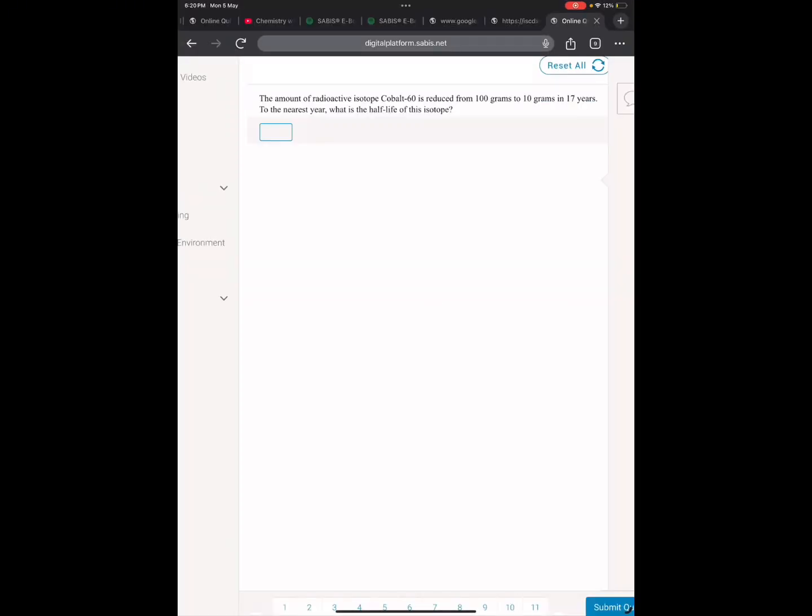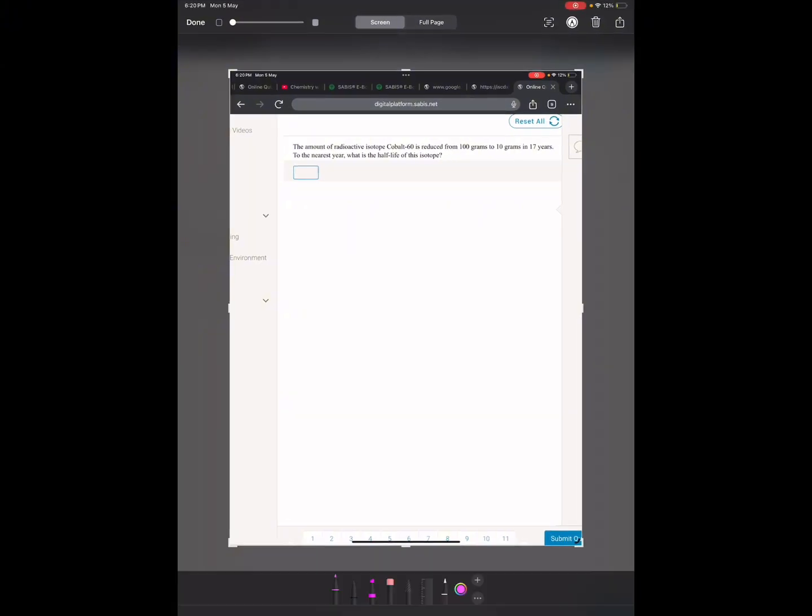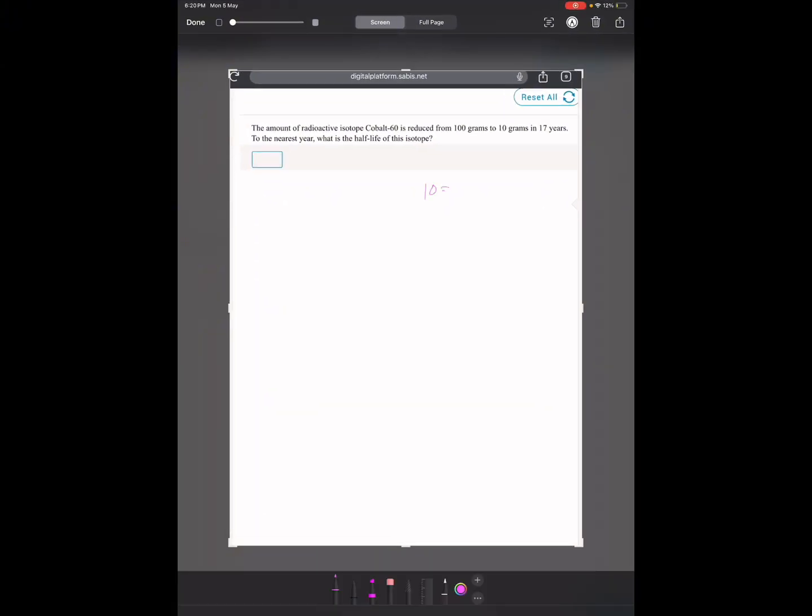This is half-life again, so QF, which is 10, equals 100 e to the power of minus rt. Time is 17, but they should give us 2 times, okay?